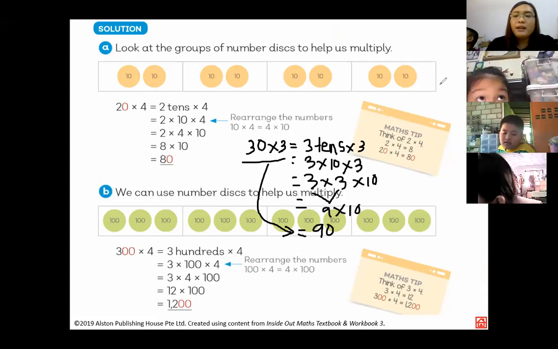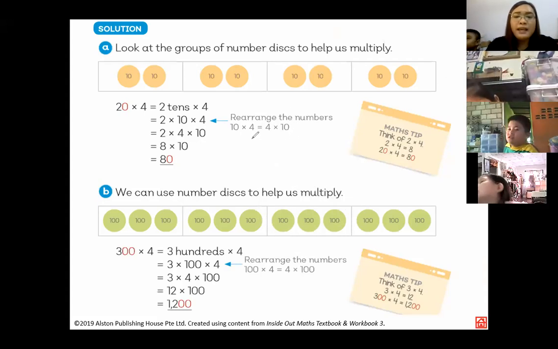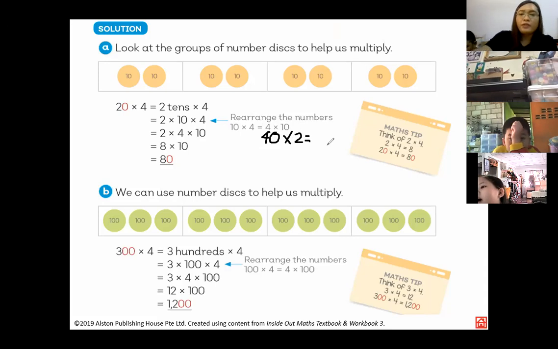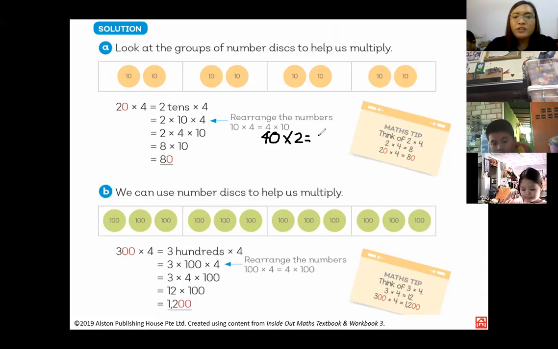All right. Another example, class. I have 40 times 2. Oh, no, it's not 2, it's 4. 4 tens.